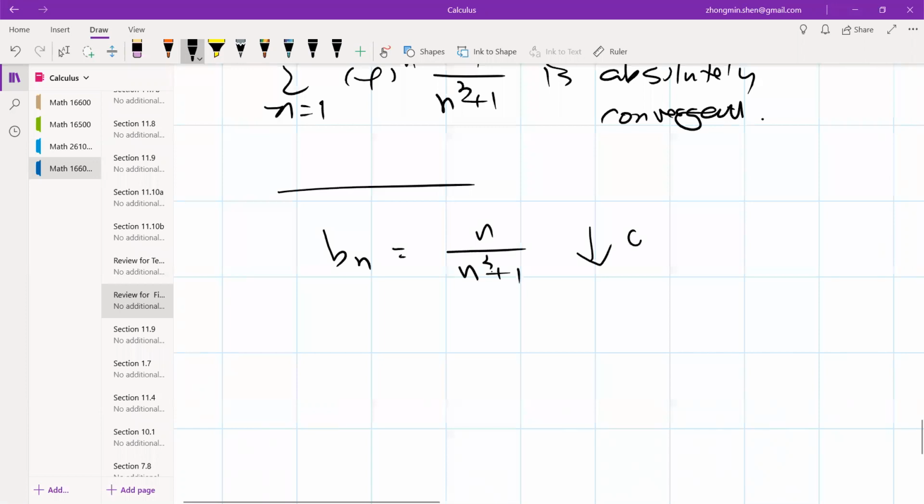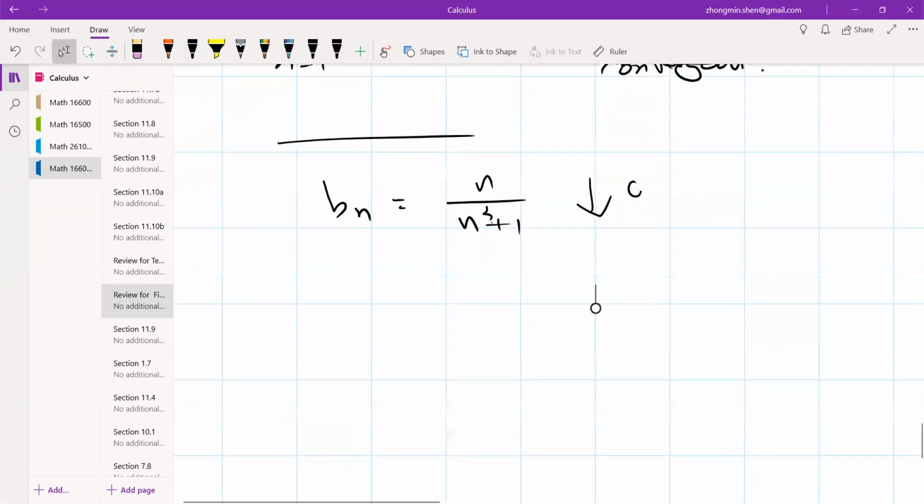One is you prove it's convergent by the alternating series test, but then you have to do hard work to prove it's decreasing to 0. This is much harder. Then you can say the series converges by the alternating series test. So it's not too bad.